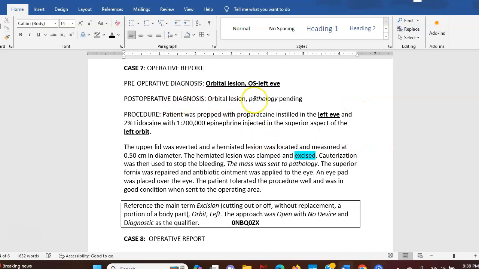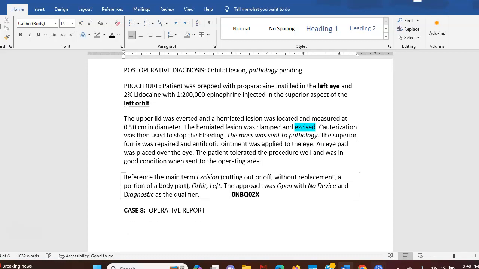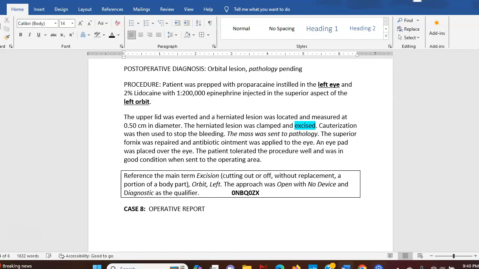It looks like post-operatively they're doing a pathology, so like a biopsy on that, diagnostic. The procedure, patient was prepped with, I guess an anesthetic in the eye, epinephrine, so they prepped the patient on the left, just the left, of course.